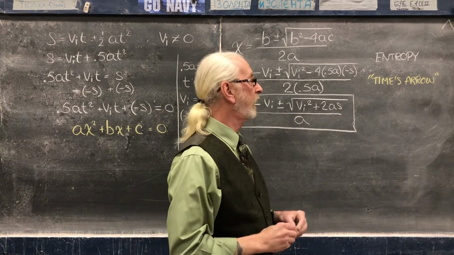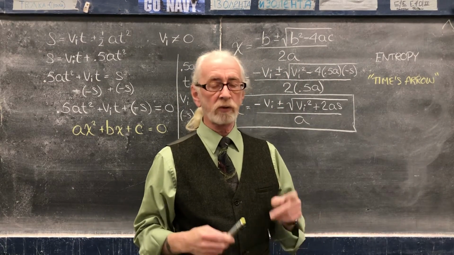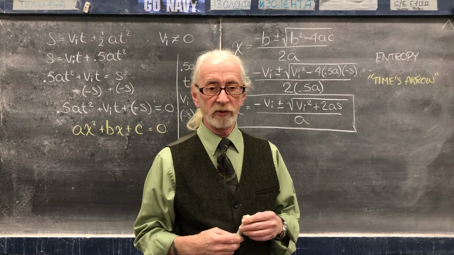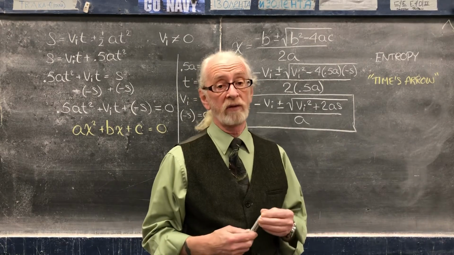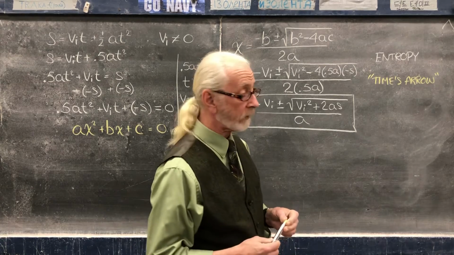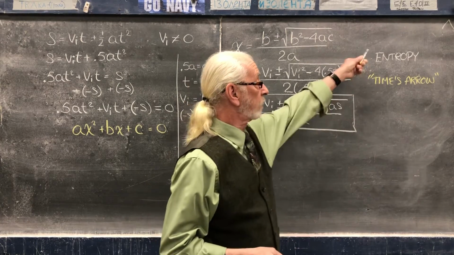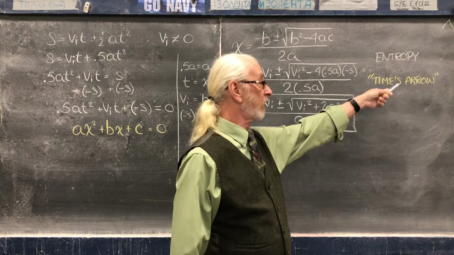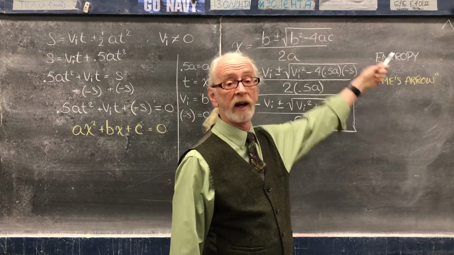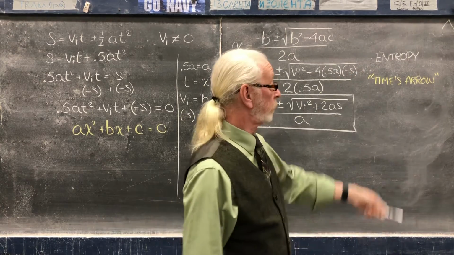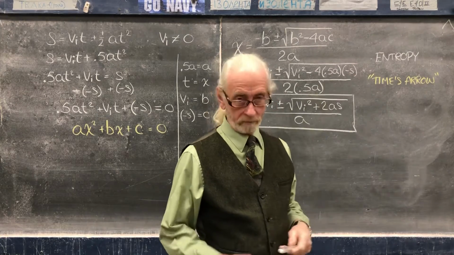That's the basic idea. That tells us which direction time moves at a fundamental level. So, down the road, if I say entropy, you say time's arrow. I say time's arrow, you say entropy. I say you can't unfry an egg, you say entropy.